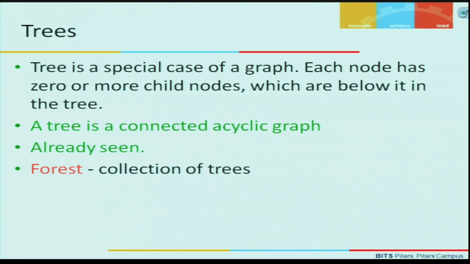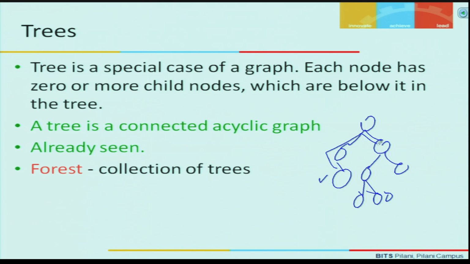As we have seen, trees are special types of graphs. Each node has 0 or more children. Important: a tree is a connected graph which is acyclic. If you recollect, a binary tree, for example, we had represented like this. Now, we see that a tree is connected. That means, if I take any 2 nodes in a tree, say this node and this node, then there is a path between these 2 nodes. So, this is a connected graph.